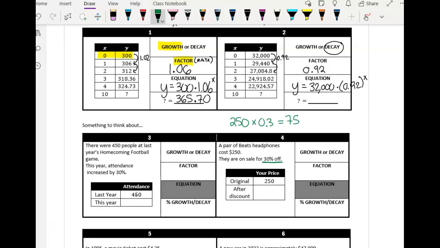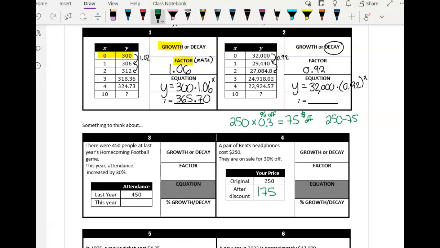Remember, this is how much we take off. So this is how much money is going to come off of the cost of the headphones. So now I'd have to go back and say, 250 minus 75, right? And then I would figure out the new price that I'm paying is $175.